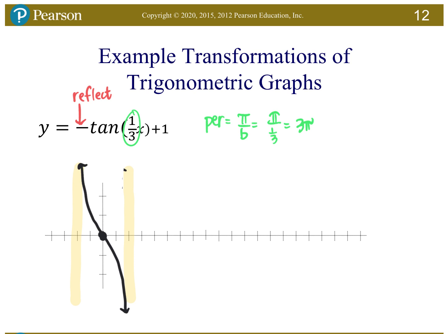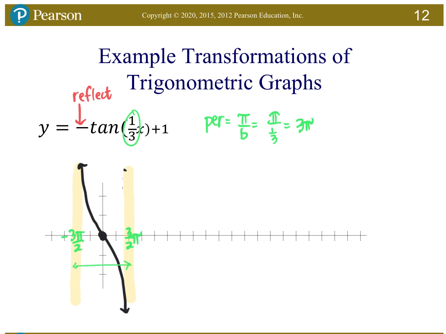So 3 pi has to be the total space from one asymptote to the other. And so one of my asymptotes is going to be 3/2 pi, and the other is going to be negative 3/2 pi, or 3 pi over 2. It's not 3 pi and negative 3 pi, okay, it's half on each so that the total is 3 pi.